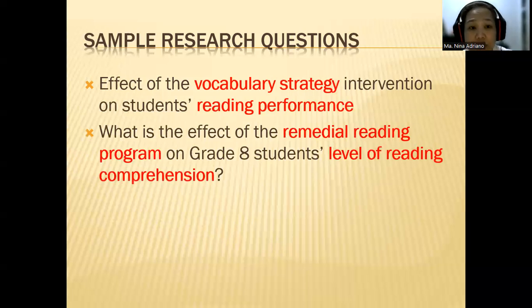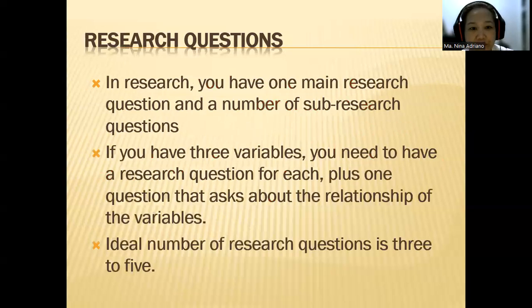The same is true with this second topic, effect of the remedial reading program on grade 8 students' level of reading comprehension. You have two variables, remedial reading, and the second one, level of reading comprehension. And then the third heading under your RRL should be both remedial reading and level of reading comprehension.